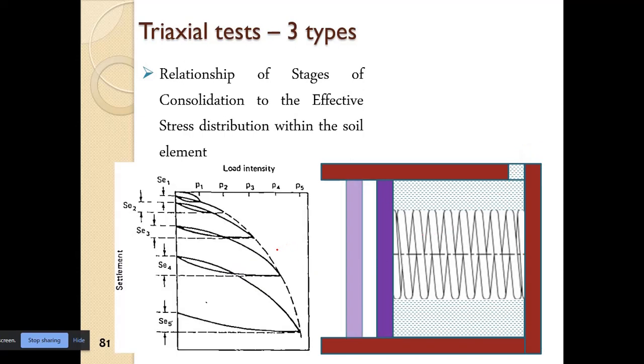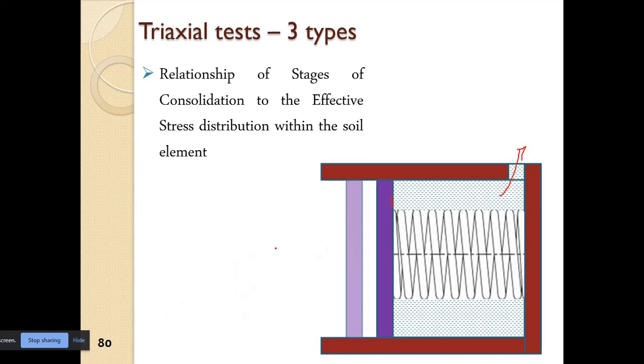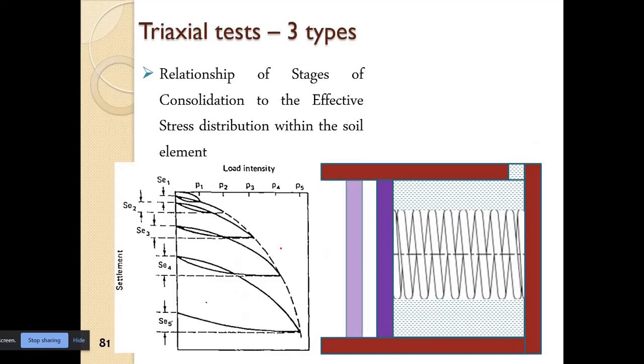In case of soil, we will have some amount of expansion, definitely some amount of expansion, but it will never come up to its original position. We have already discussed that in the cyclic plate load test.